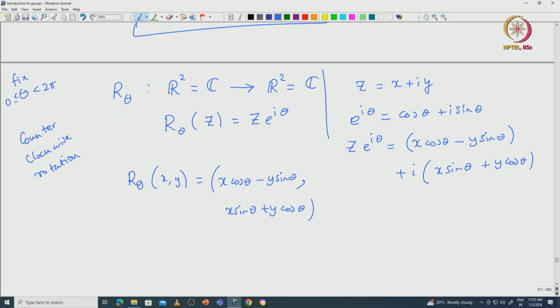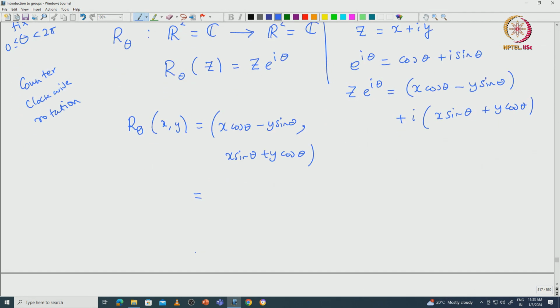Okay. So, here is another way of writing this using matrices. If you think about it, this is exactly the matrix with rows cos theta, minus sin theta, and sin theta, cos theta, acting on (x, y). Okay.